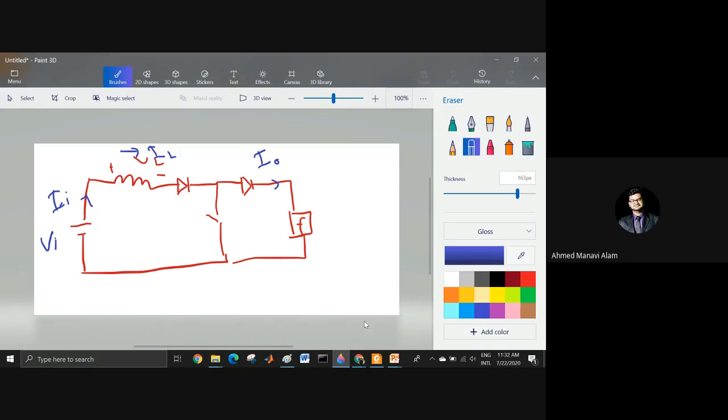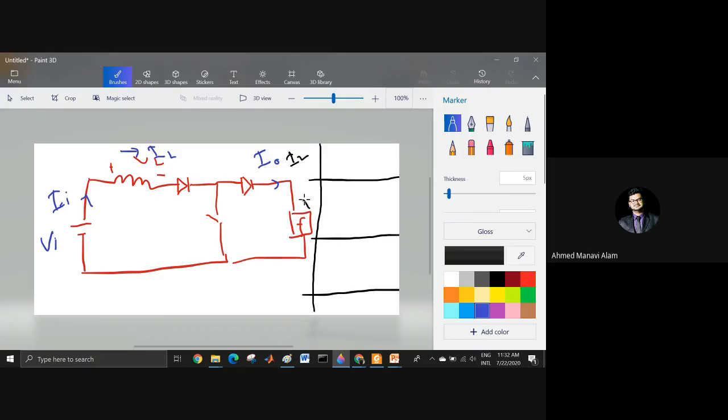Now whenever I am drawing the wave shape, there will be three parts: one is IL, one is II, and one is I naught.